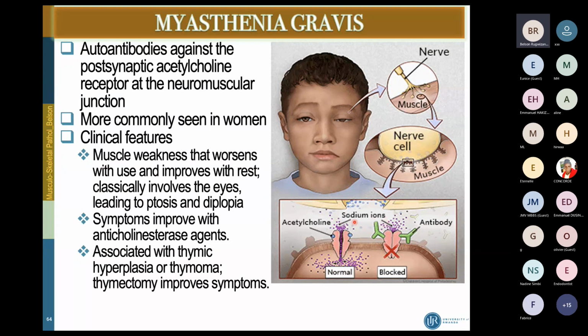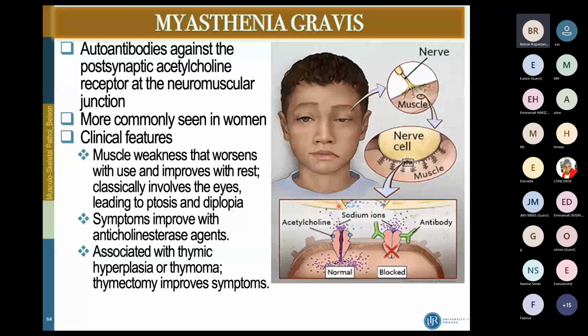You know that when the message comes from the nervous system through a nerve, for that message to be transmitted to a muscle, it is not carried in any other way. It uses just ions, sodium, calcium, and so on.